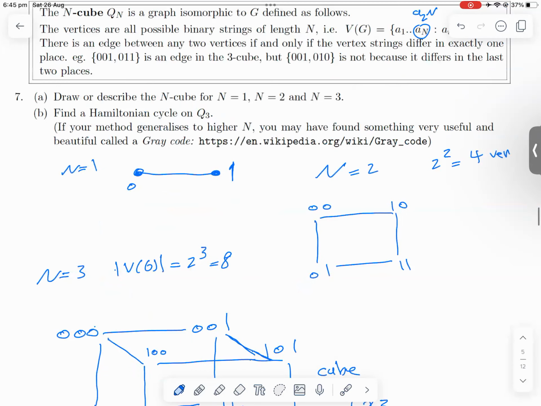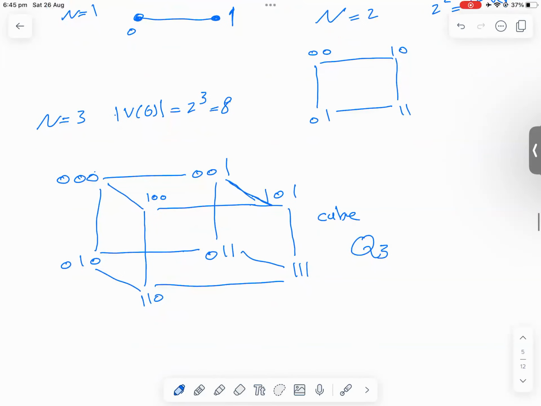About the first question: find the Hamiltonian cycle for this graph, and if your method generalizes to higher n, you may have found something very useful. It seems that Gray code, you can find it here, and you can find how to draw the Q sub n. So the Hamiltonian cycle should be this one.